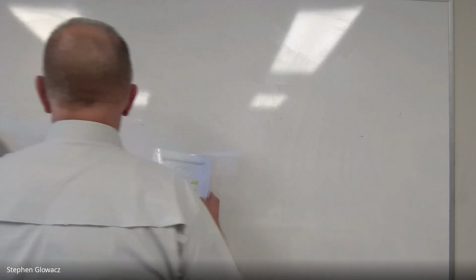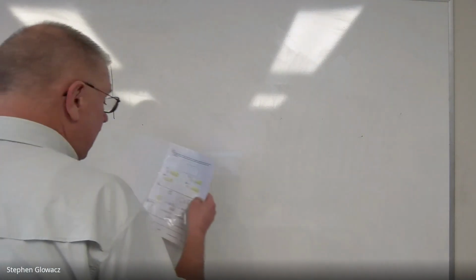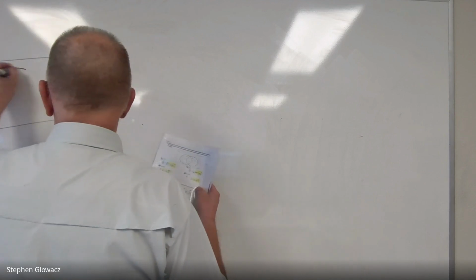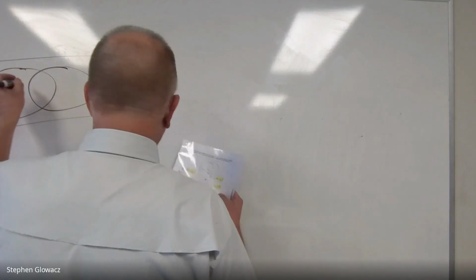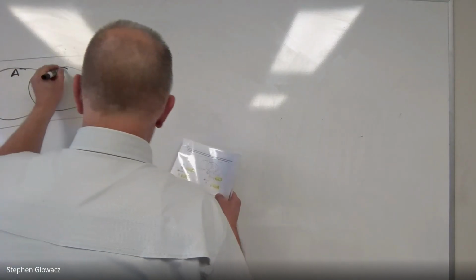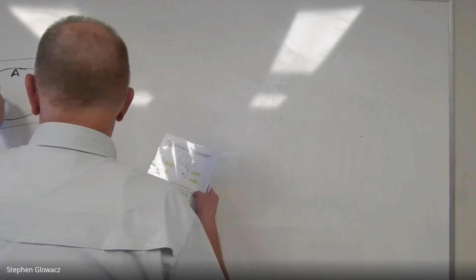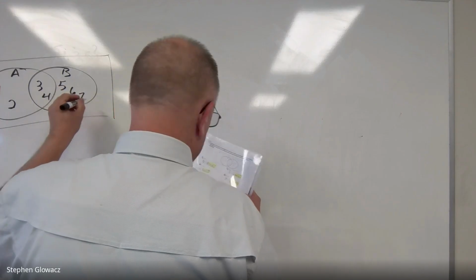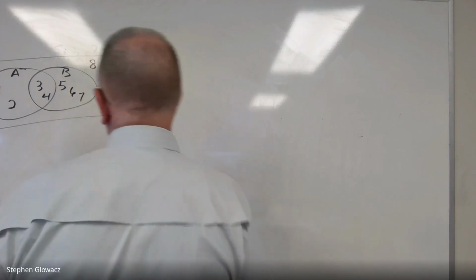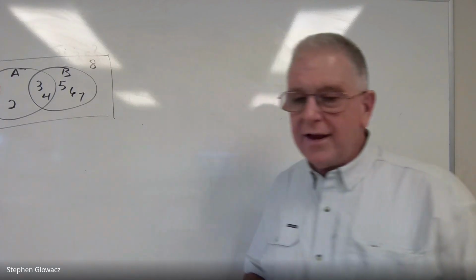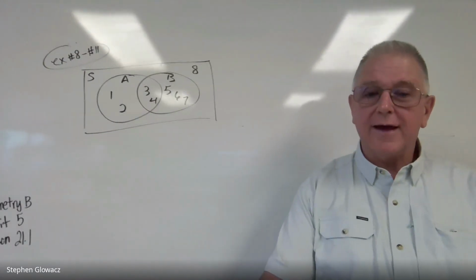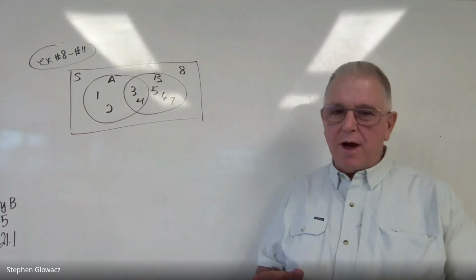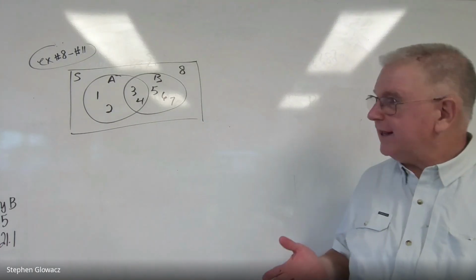All right, so let's go ahead and draw our Venn diagram here. And we label this with an S. We'll explain what that means in a second. We have set A and set B, and in set A, we have 1, 2, and the rest of these numbers. Now, just like we had a universal set in the last problem, we have a universal set here.